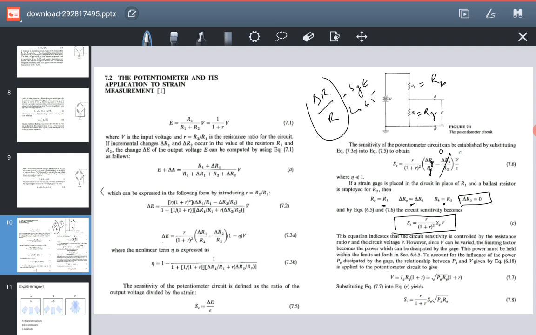Sorry, delta R2 will be 0, so this will also be 0, and R1 will stay in its place. Okay. And if you apply delta R upon R as G times epsilon, this epsilon will be cancelled with this. Okay, and you will come to this final form. Okay, this is the value of gauge sensitivity.